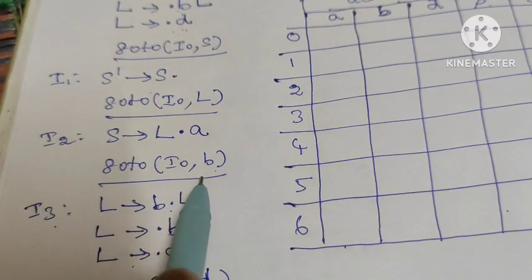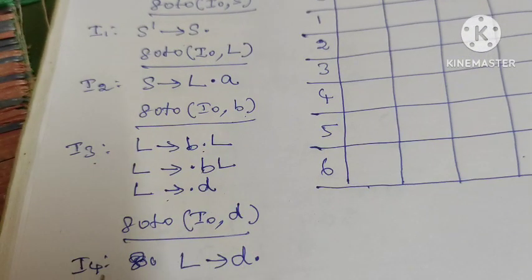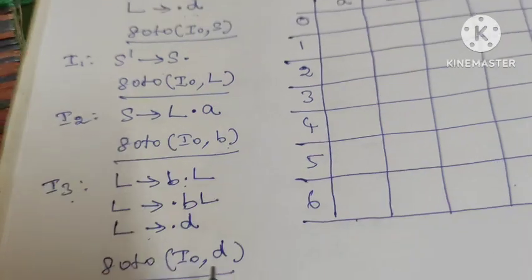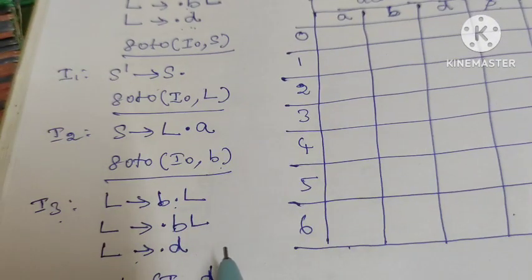Okay. And goto of I0 comma D generates I4. Okay. So B generates I3 and D generates I4.